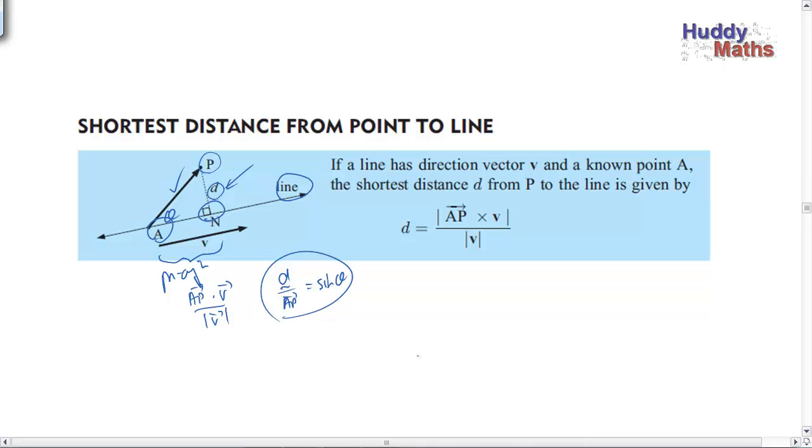It would be almost impossible to start at a certain fixed point here and go t lots of its direction vector, and then start at a fixed point here and go exactly the same multiple of its direction vector to get to a common point. You would hardly ever find a common point that way.